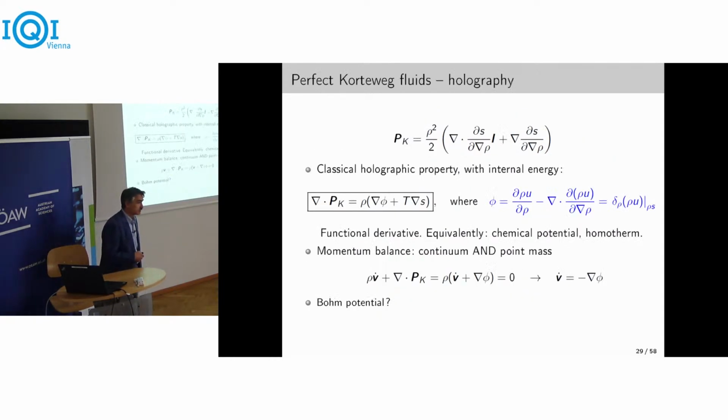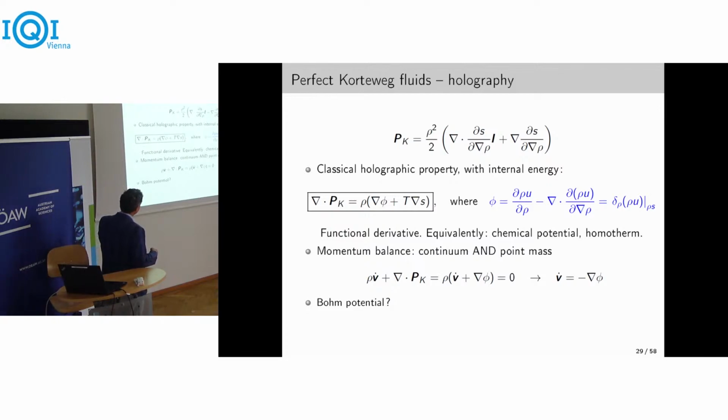And it turns out that this is also holographic because of thermodynamics. So the gradient of this additional part can actually be written in this form. And if the processes are, let's say, adiabatic or homoentropic, then you get only the classical, I mean, potential representation, where this potential is not the gravitational potential, it has this form. So it can be derived from, of course, related to the entropy, but it is more convenient to deal with the energy. It has a variational form as a consequence of the derivation.